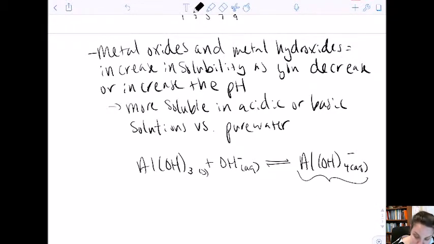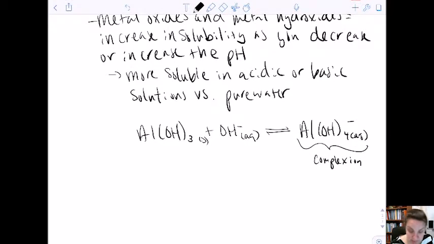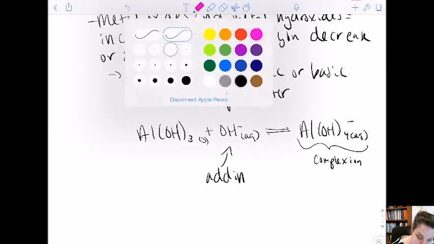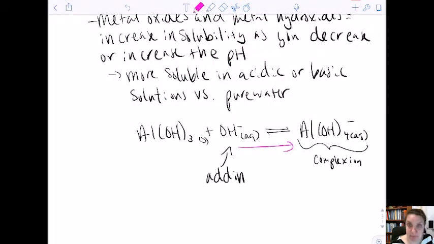This is a complex ion. So as we add in, we're going to shift in that direction. Okay?